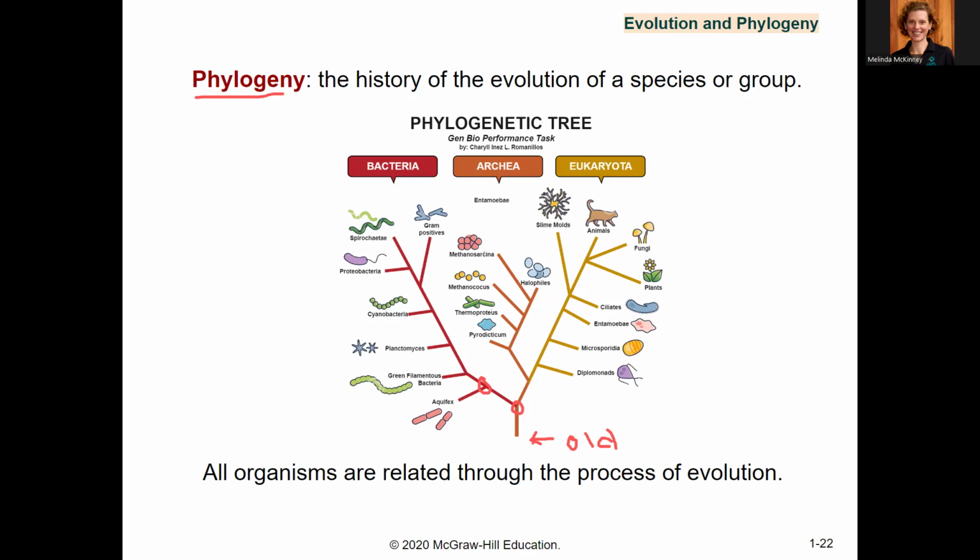So the oldest group is at the base, the more recent groups over here at the ends or the tips of the phylogenetic tree. So you can see here that animals and fungi and plants are much more closely related to each other more recently than, say, animals are related to proteobacteria.